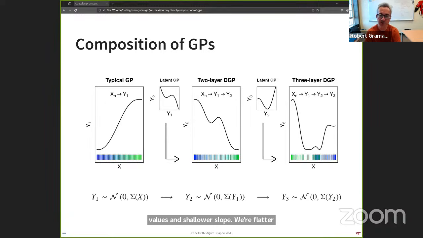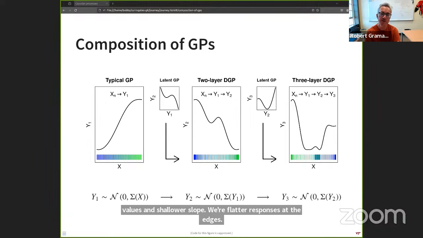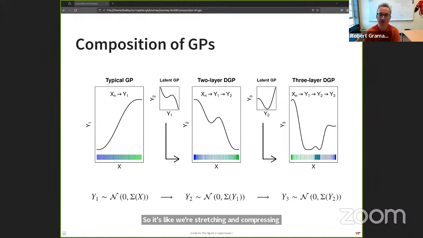So it's like we're stretching and compressing the original inputs x through this y1 variable. Even if both Gaussian processes are just functions of distance, by doing this stretching and compressing, we're taking the original inputs into account.